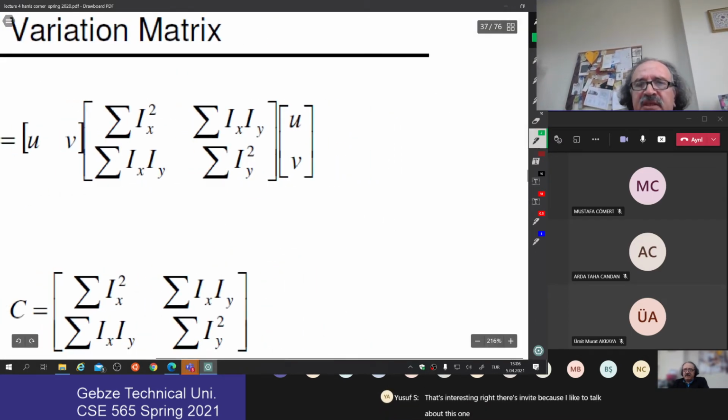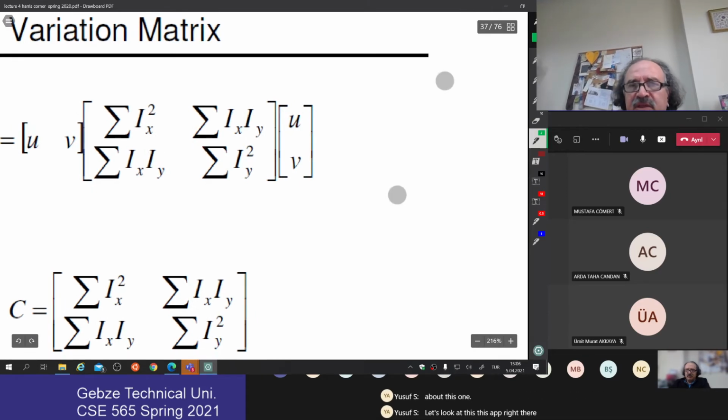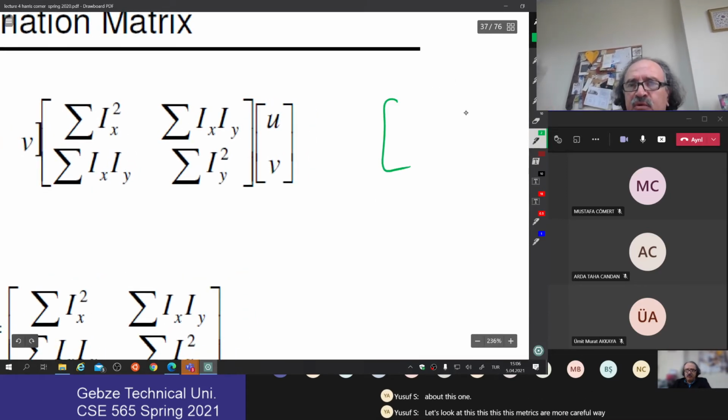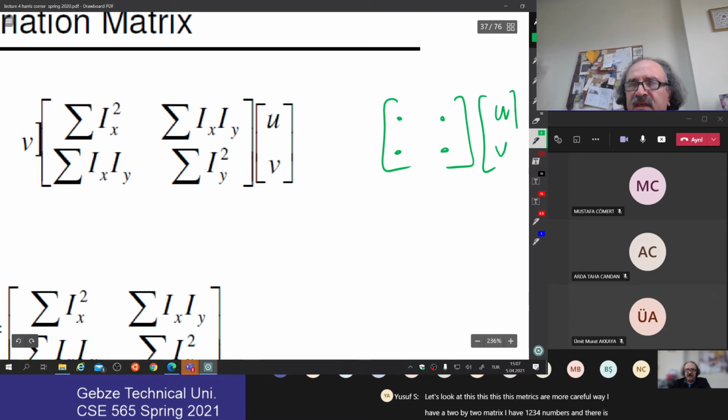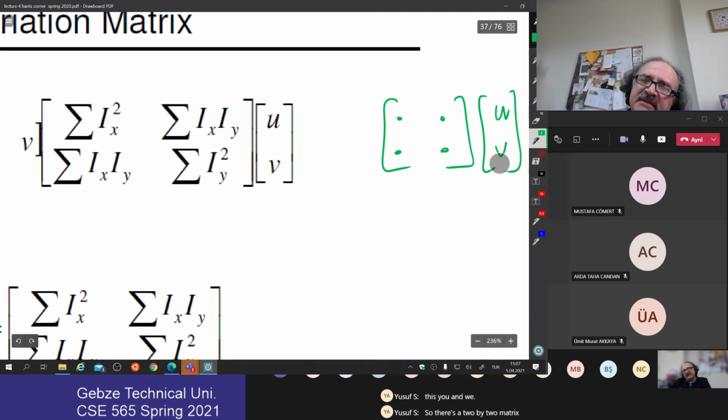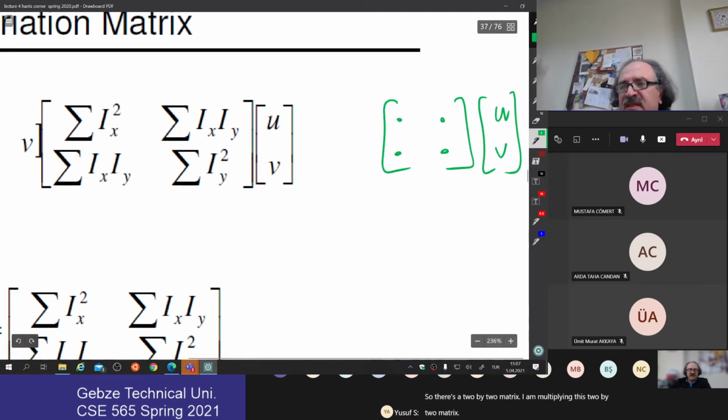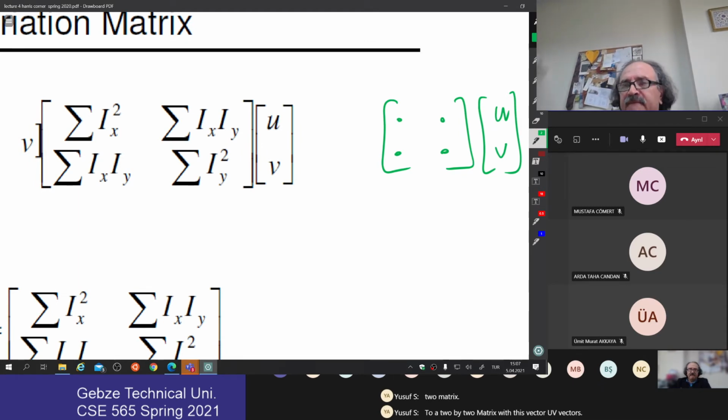Let's look at this matrix in a more careful way. I have a 2 by 2 matrix. I have 1, 2, 3, 4 numbers, and there is this U and V. I am multiplying this 2 by 2 matrix with this UV vector.